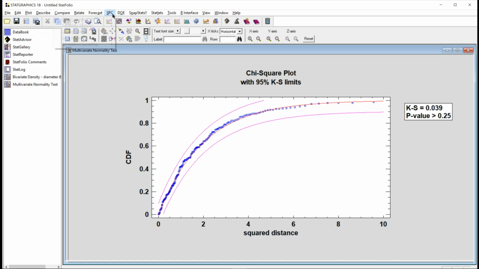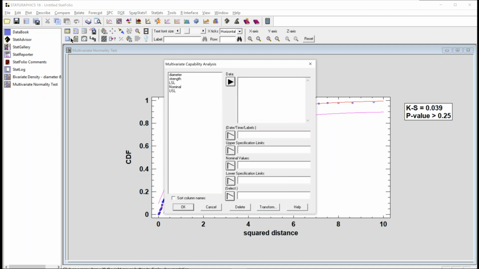I'm going to go in Statgraphics now to SPC, Capability Analysis, Variable Data, Multivariate Capability Analysis. I'm going to put in the data fields diameter and strength. Those are my two variables. Could be more than two, but I just have two.